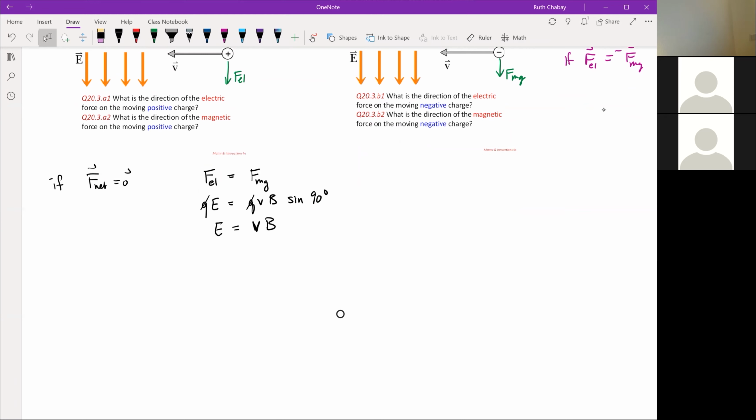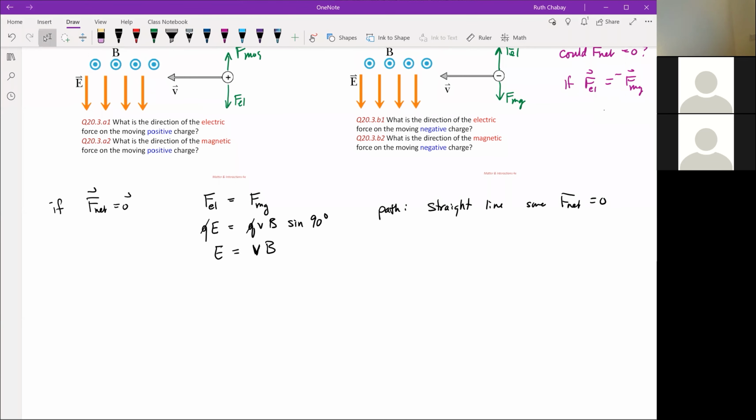And what would the path of the particle be in this case? The particle would just move in a straight line at constant speed, since the net force on it is 0. Now notice that this is really interesting, because if we have a situation where the magnitude of the electric field is exactly equal to the speed of the particle times the magnitude of the magnetic field, then F net is 0.